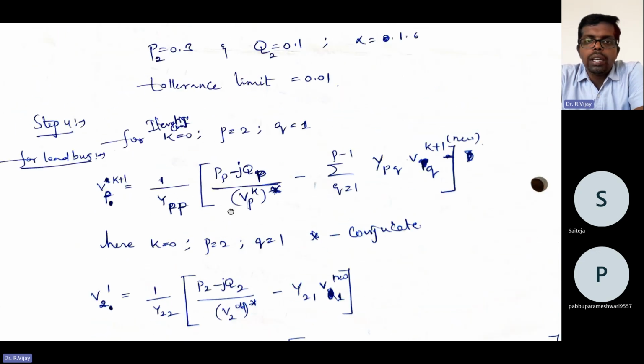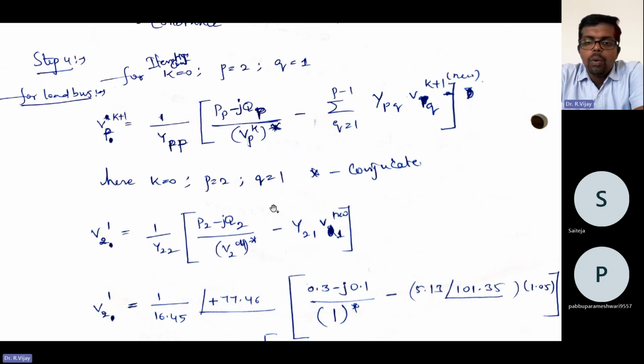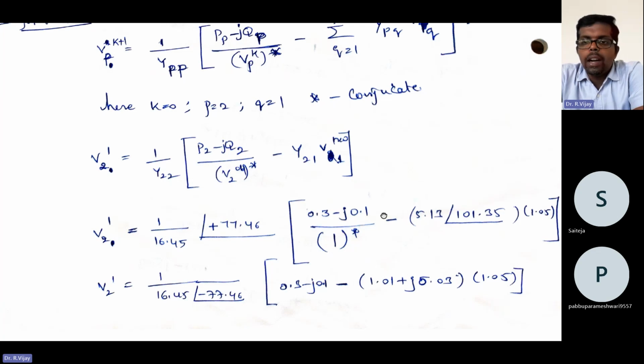P2 is given in the problem as 0.3, Q2 is 0.1. V2 old star is 1 minus j0, and minus j0 has no value, so we have taken it directly as 1. Next minus Y21, which is 5.13 at the angle of 101.35, into V1 new, mentioned in the problem as 1.05 at the angle of 0.